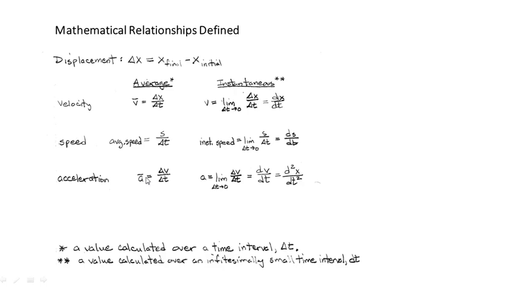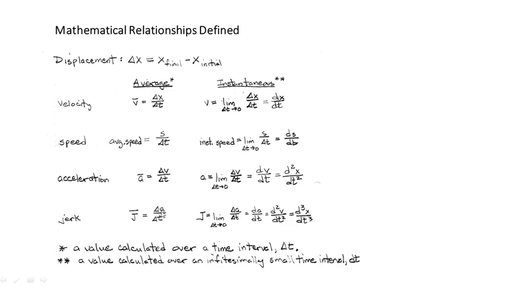Acceleration, average acceleration, is the change in velocity divided by the change in time. Instantaneous acceleration is the derivative of velocity with respect to time, which is also the second derivative of position with respect to time.